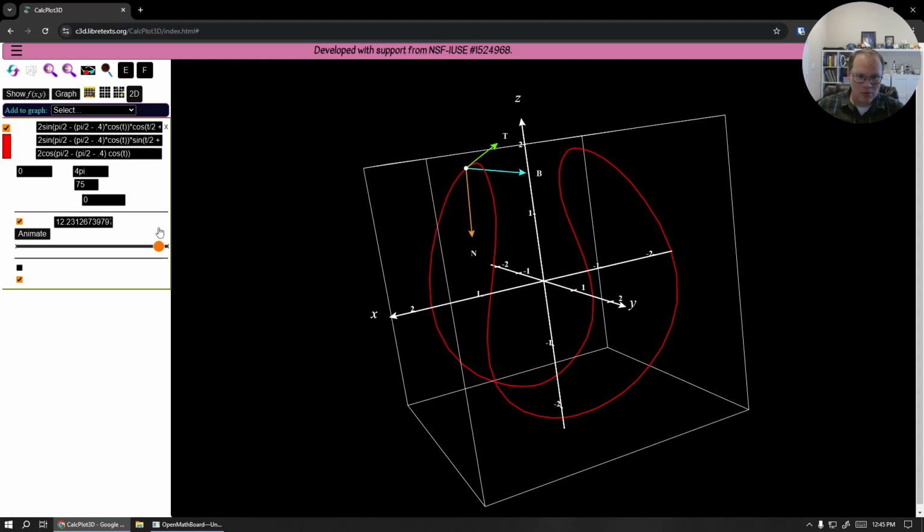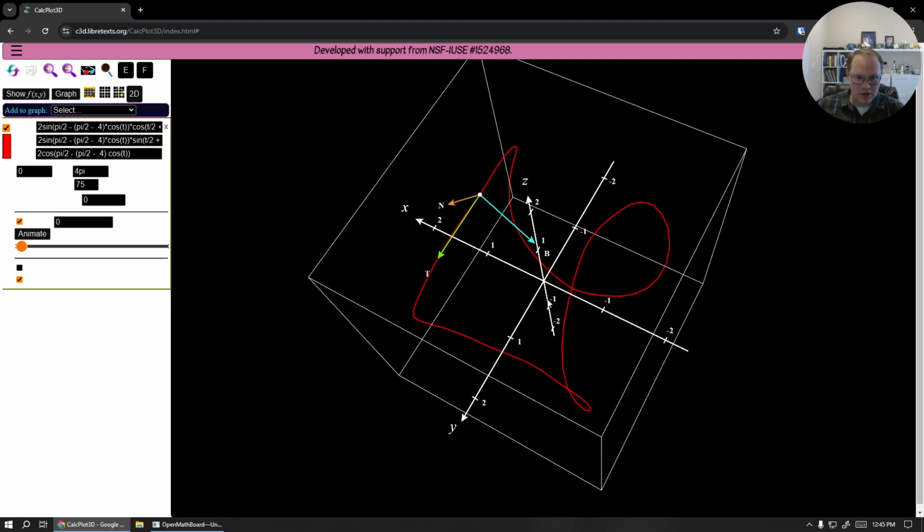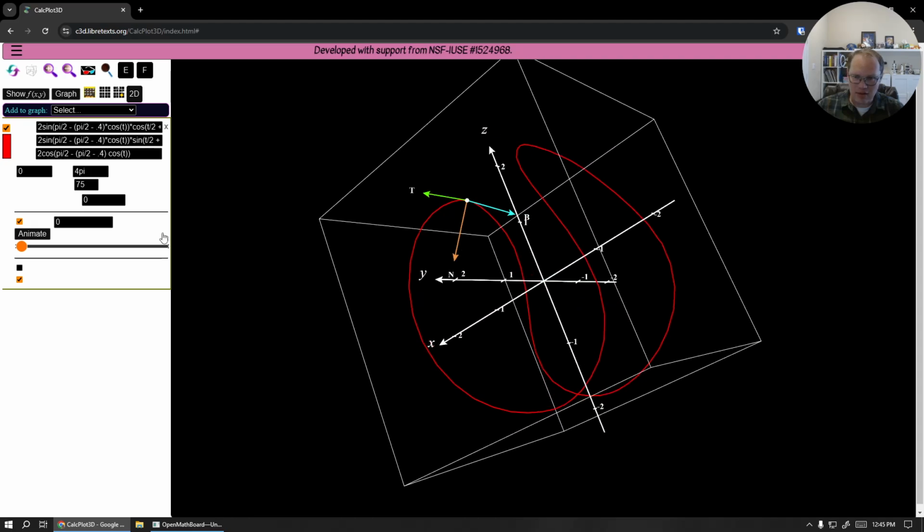And the binormal vector always points in the direction where it doesn't. Let me reset it and we'll do it one more time. Okay, let me maybe do a different angle so we can get a different view. Unit tangent vector always tangent to the curve.